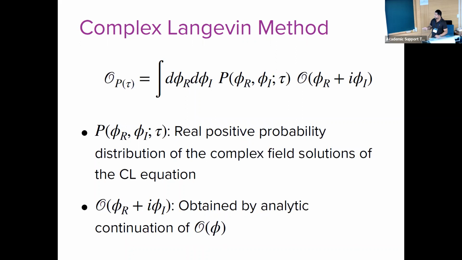So that probability distribution is this. Now how to define it? It should come out as a solution of the Fokker-Planck equation, so you need to solve that numerically somehow.